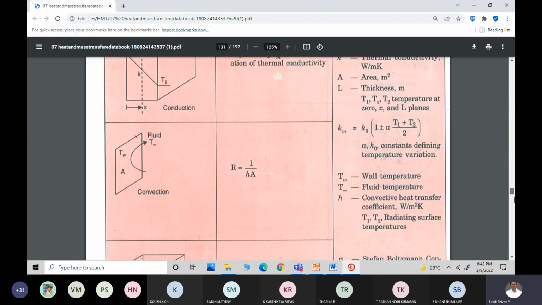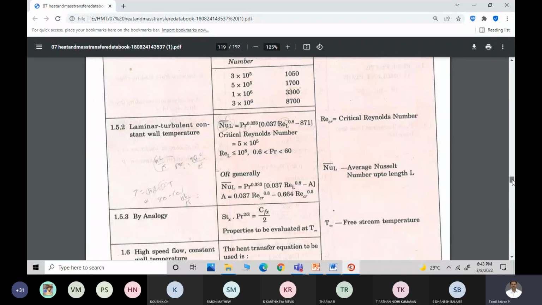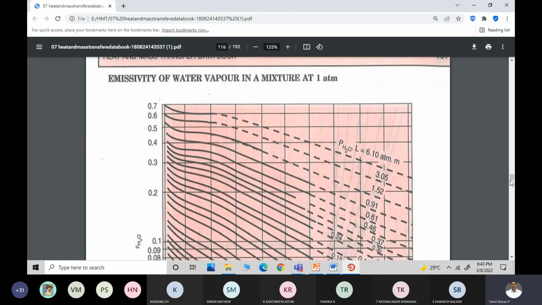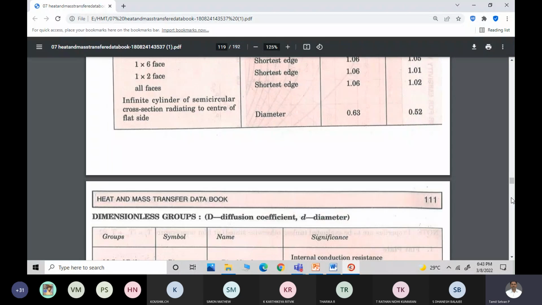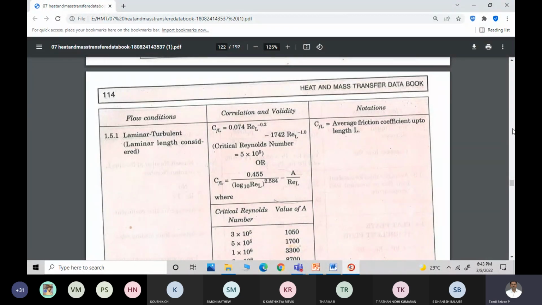Now since we have found the flow is laminar, we can use page number 113. I don't know about your page numbers; you will be having the latest data books. Here you can see 1.5.1 laminar turbulent combined.